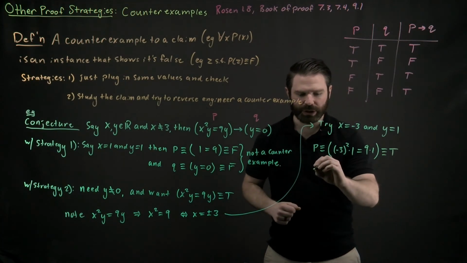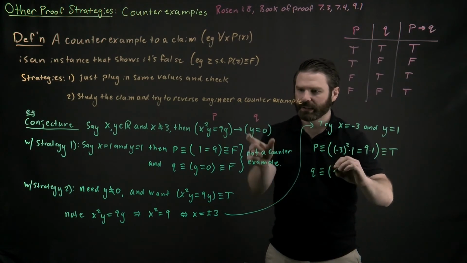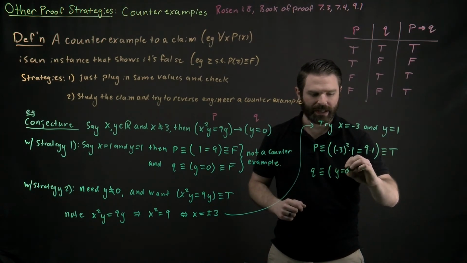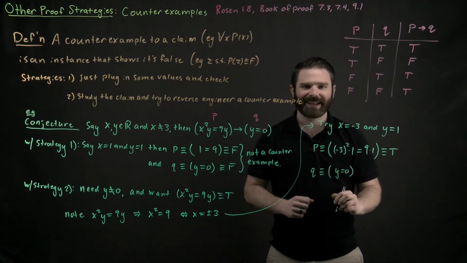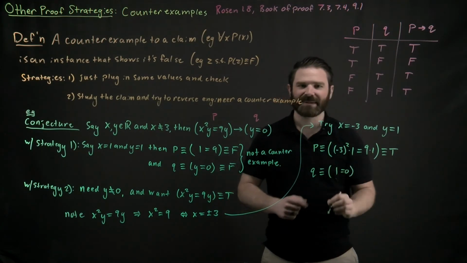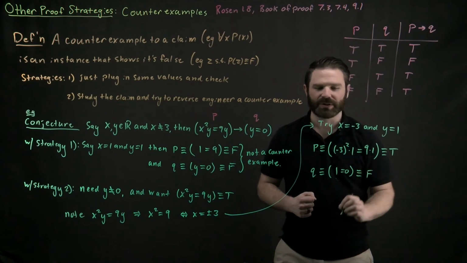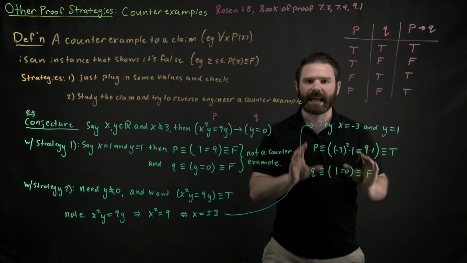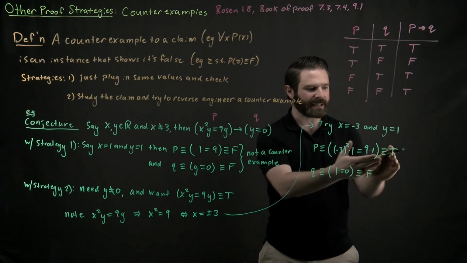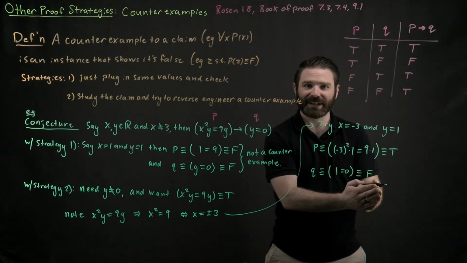And what about our conclusion? Our conclusion here was the claim y equals 0. Well, y in this case is 1. And I'm sorry, 1 does not equal 0. That is false. So here I have successfully been able to construct an example where my hypothesis is true and my conclusion is false.